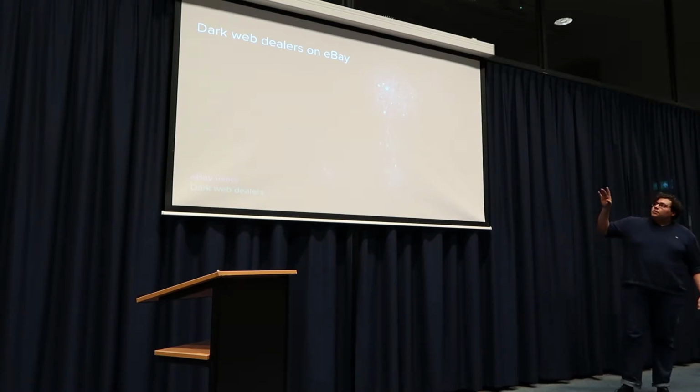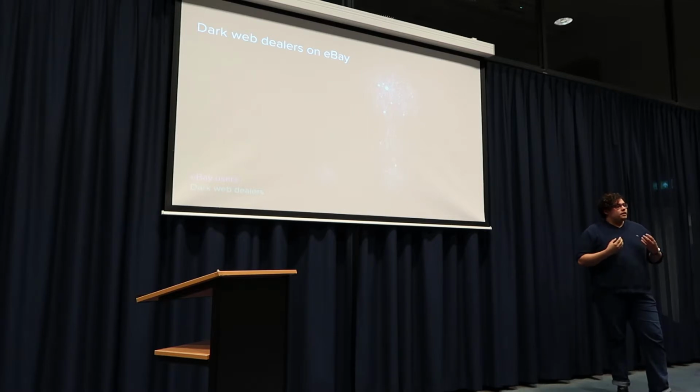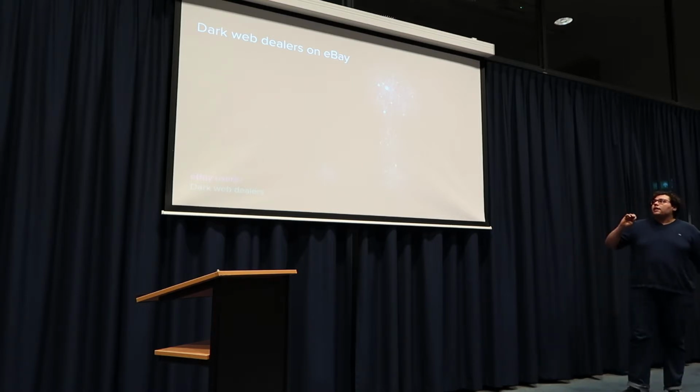There are green dots and red dots. It's not really visible here, but every green dot is a darknet vendor, and every red dot is a normal eBay user. These are all connections where there's just one eBay user between two darknet dealers. We think this is really interesting data.